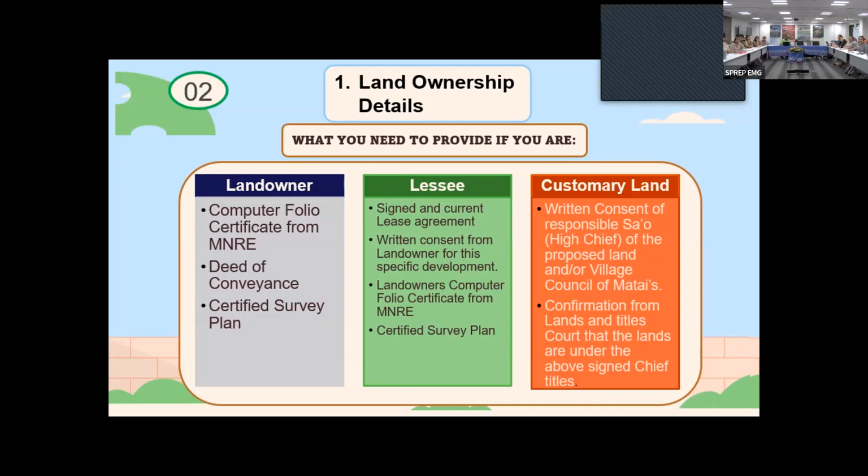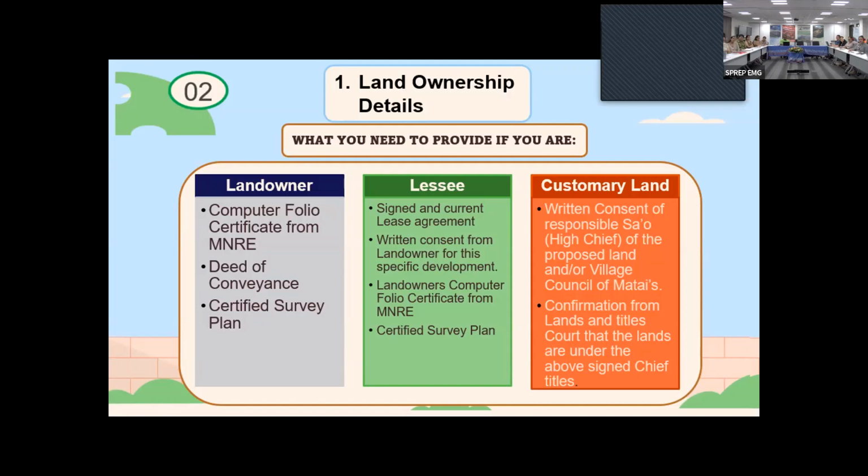We will need what we call a computer folio certificate. Basically it's a paper document that confirms the registered landowner for that said land. And this document is issued by the Ministry of Environment from their lands department. For a very small fee, you can go to them and they will print it for you.